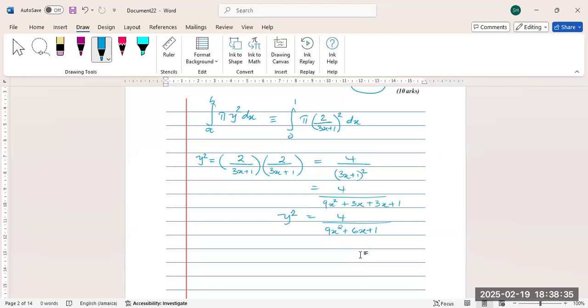And then they can simplify, which goes down to 3x cubed plus 3x squared plus x. So the final thing would be 4 over 3x cubed plus 3x squared plus x. When I substitute the 1, it would go down to 4 over 7.